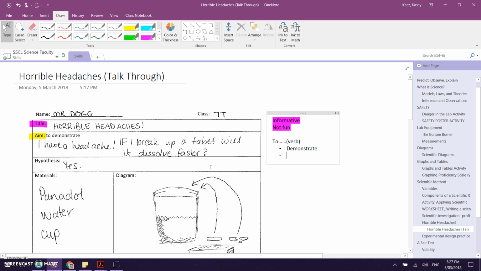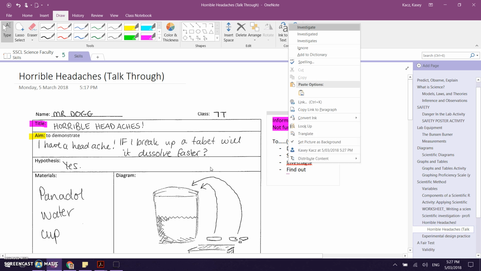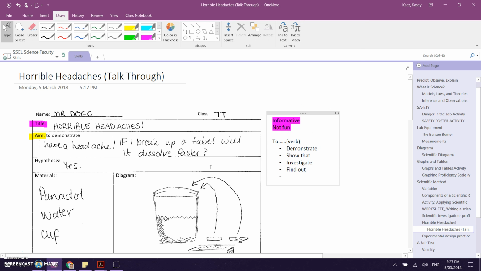Other verbs you could use are show that, investigate, find out, model, and so on. So, aims of scientific reports start with the word to, second word is a verb, and then they explain what it is that they're trying to find out.